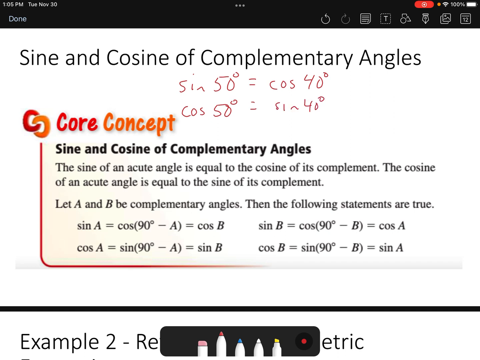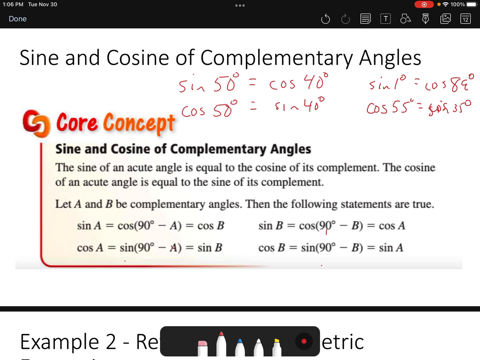I just pulled those out of thin air, but notice they have to add up to 90. So if I said the sine of 1 degree would equal the cosine of what? If you said 89, you'd have been correct. The cosine of 55 would equal the sine of 35, because 55 plus 35 is 90.